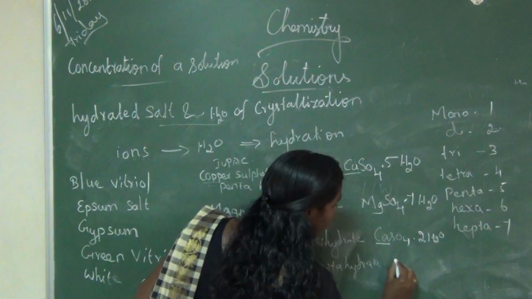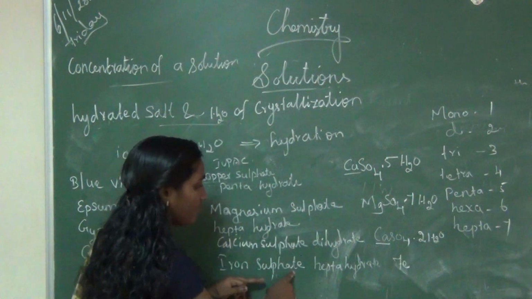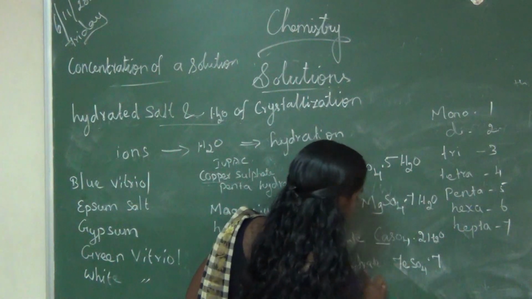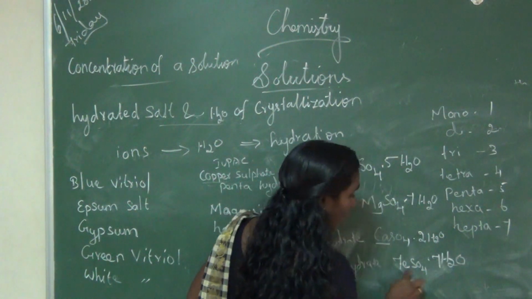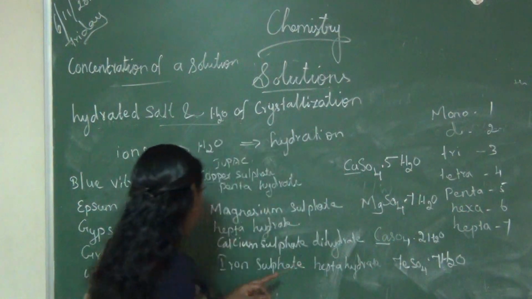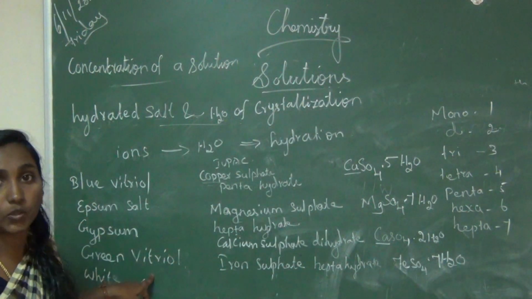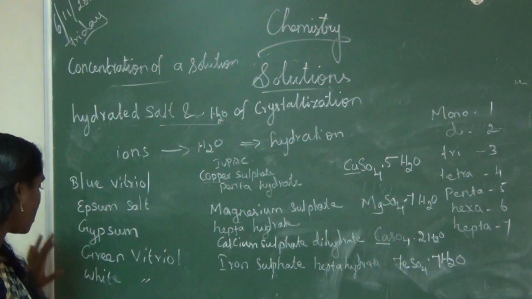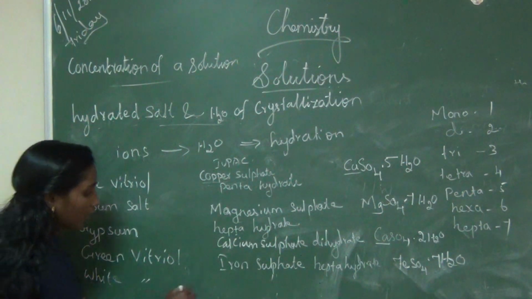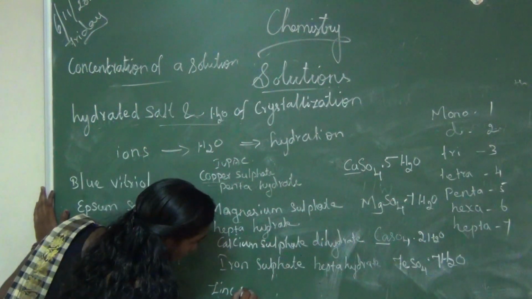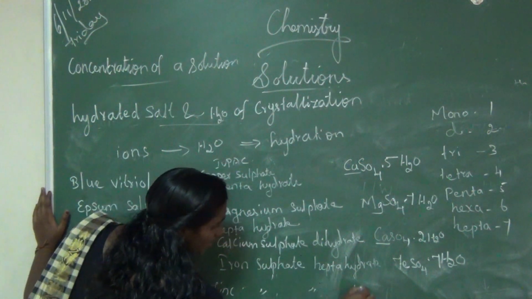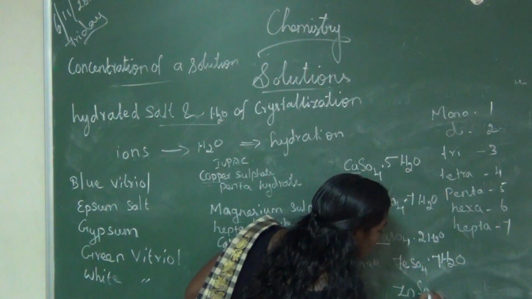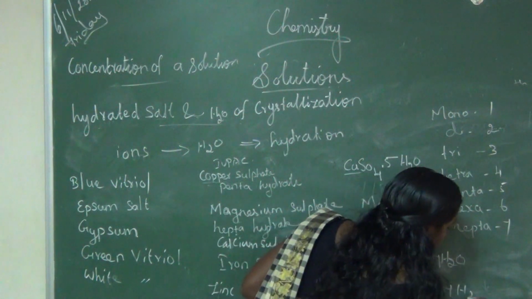Iron formula Fe, then sulfate SO4, then hepta 7, then hydrate H2O. So iron sulfate heptahydrate is called green vitriol. These are the crystallization salts. Then white vitriol: zinc sulfate heptahydrate. Zinc formula is Zn, then sulfate SO4, hepta 7H2O.